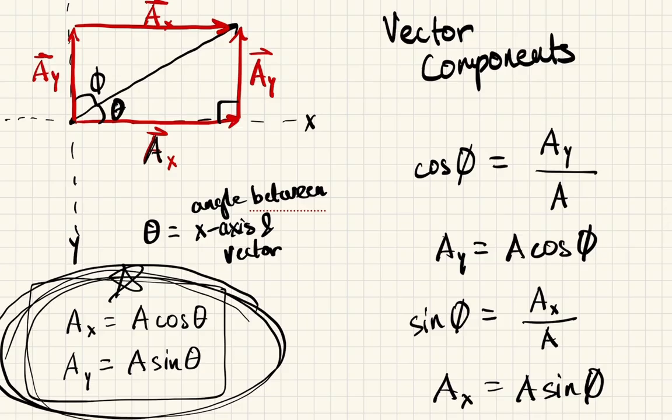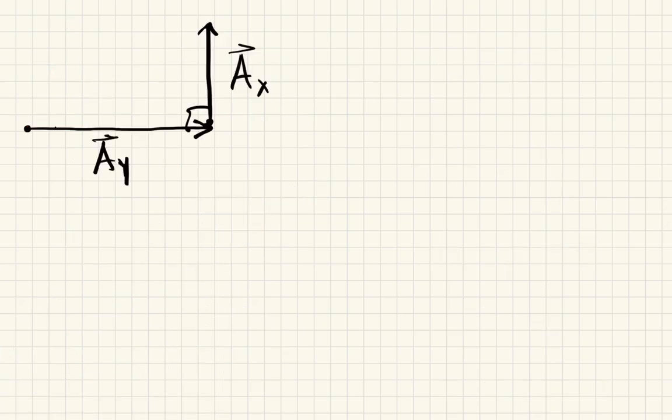Okay, so now I've drawn the two legs, which are the x and y components. Oh, sorry, made a little mistake here. Okay, and what if we knew the magnitude of these two components, but wanted to find the actual vector and the angle? Well, we can also do that because we know the Pythagorean theorem.